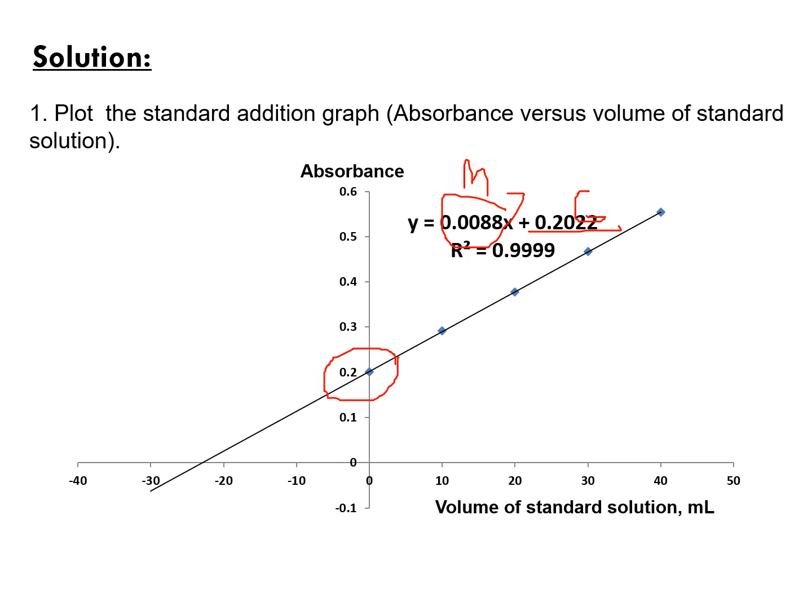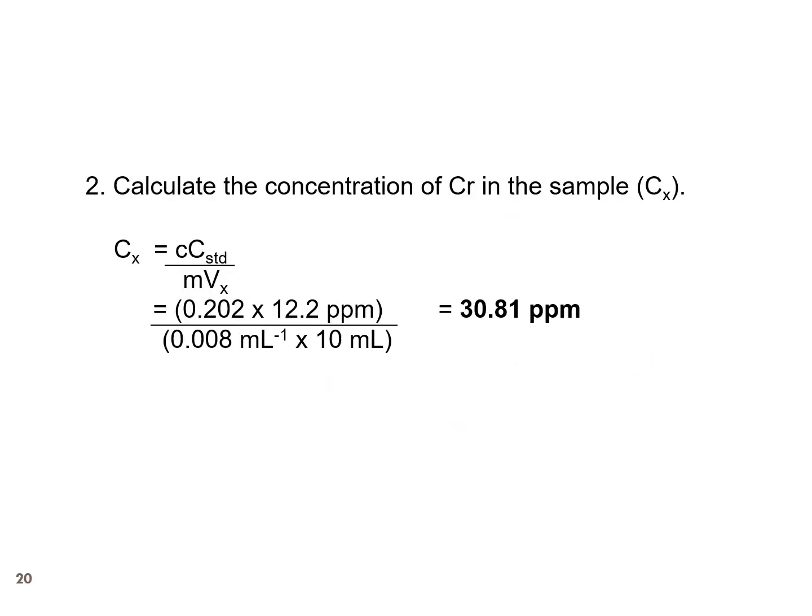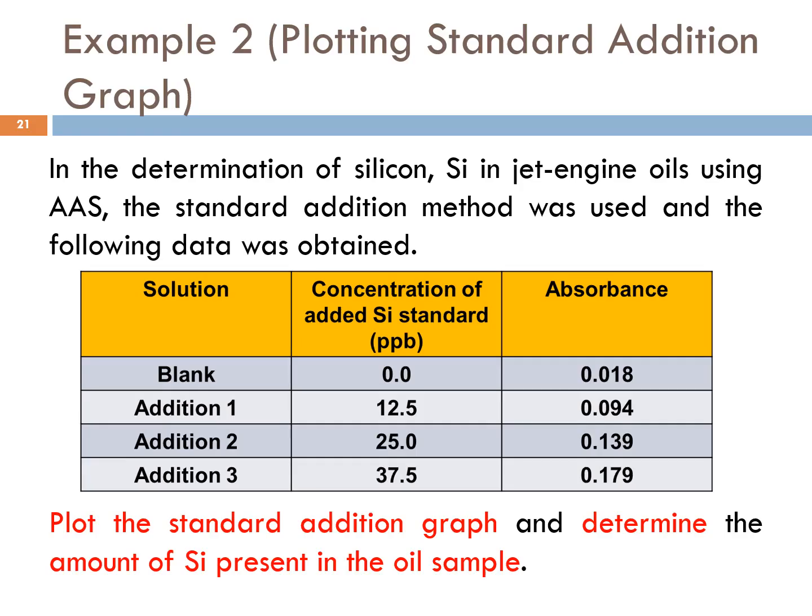Kalau dia tak bagi, then you kena carilah M ni Y2 minus Y1, X2 minus X1 lah. Okay, so you just masukkan dalam formula, then you akan dapat berapa amount of the concentration of the analyte.